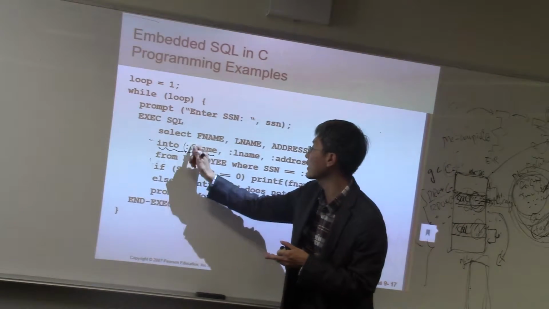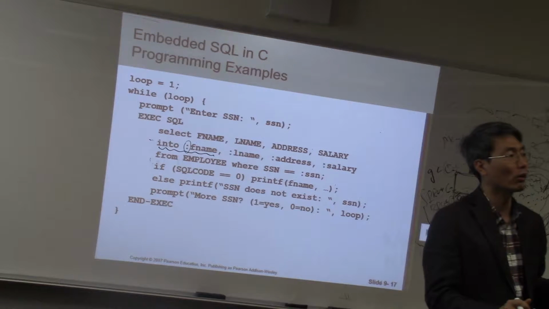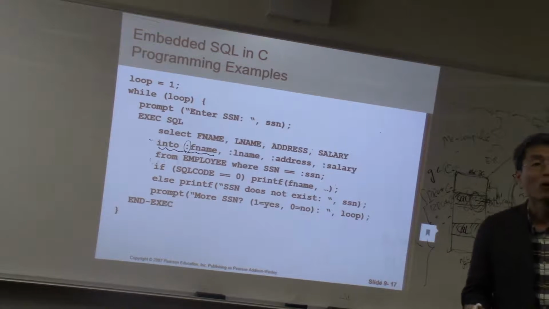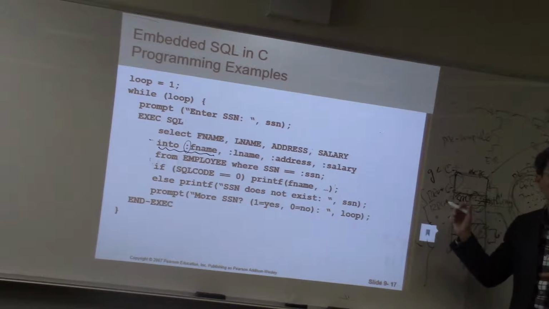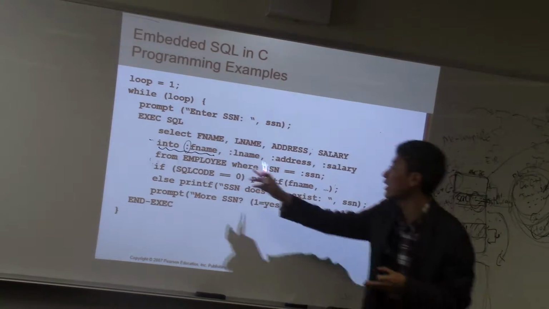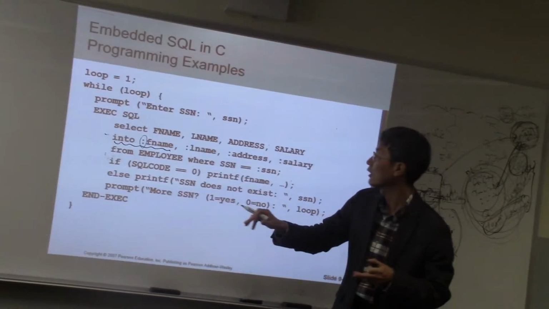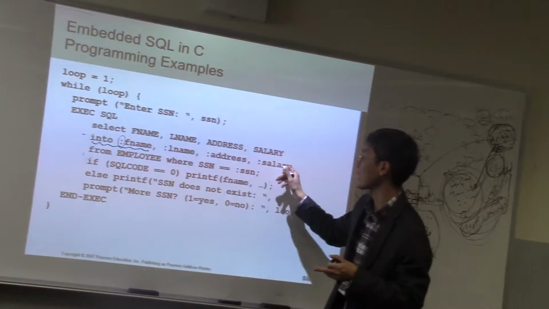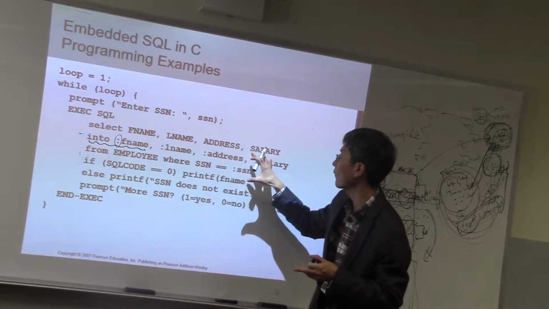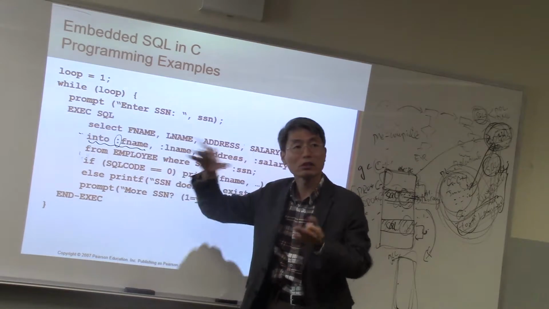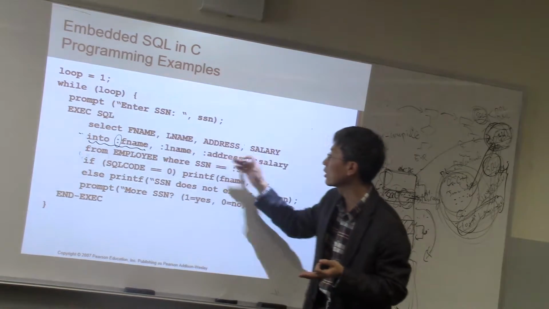If you can see the semicolon, it means it can be used for the host language also. In your host language, you can access the first name data, the F name variable, and similarly last name, address, salary. We can select such information and save it in the variables here.